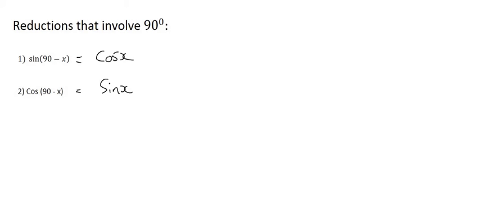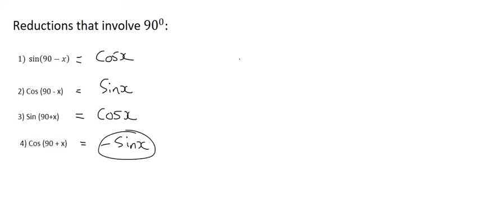I'm now going to show you the third one. The next one is sin of 90 plus x. And luckily, this one also just becomes cos x. So far it seems very easy. It's only the last one that has a slight little twist, which I'm going to show you now. And so number 4 is the cos of 90 plus x. This one also turns into sin, but it just becomes minus sin x.